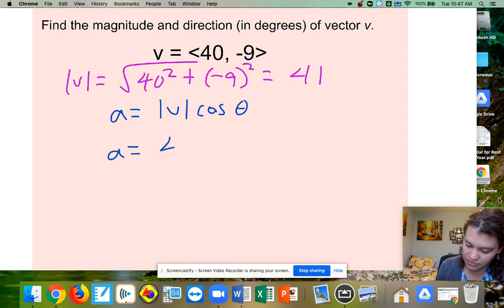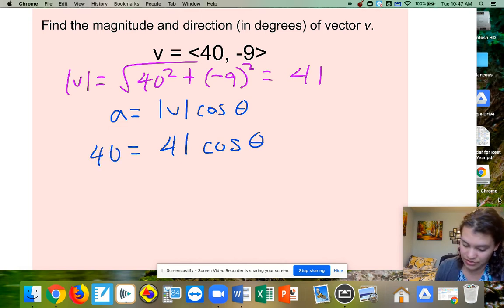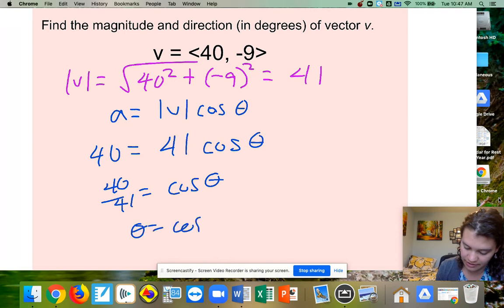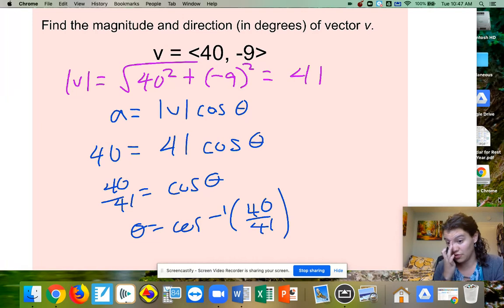The magnitude was 41, we don't know what the angle is, and your a is 40. Then solve this, and you'll get 40 over 41 equals cosine of theta. Theta is cosine inverse of 40 over 41. Here, make sure you know what mode your calculator's in. If you're in radians, fine, but label it radians. If you're in degrees, make sure you label your answer degrees so you know what it is.